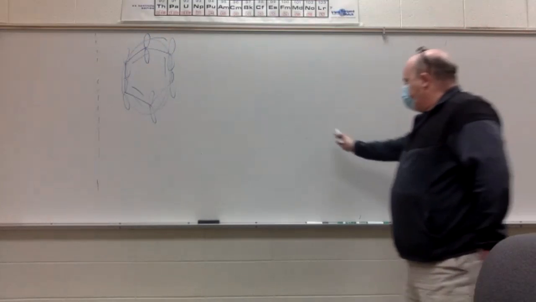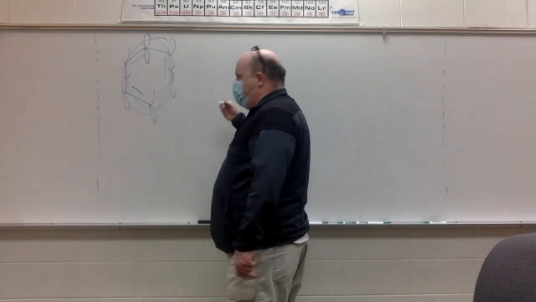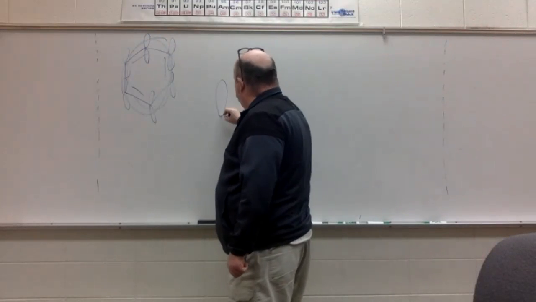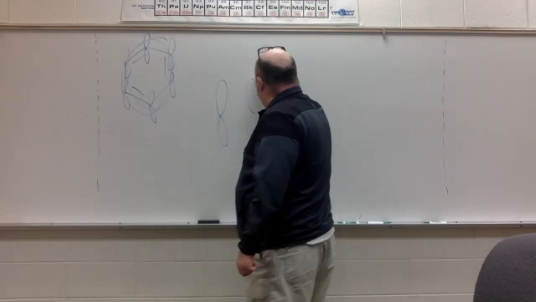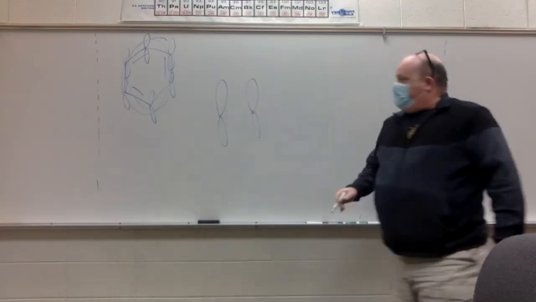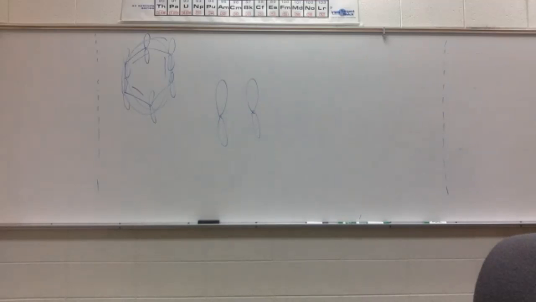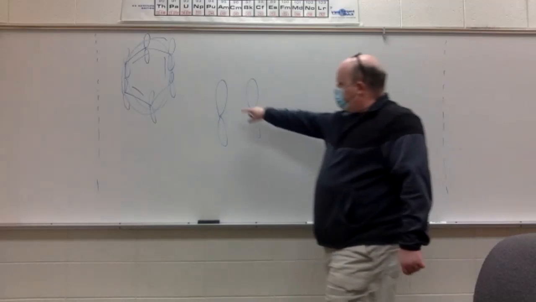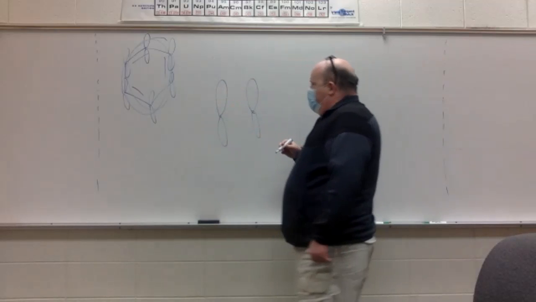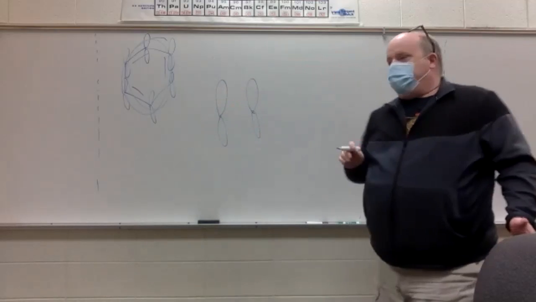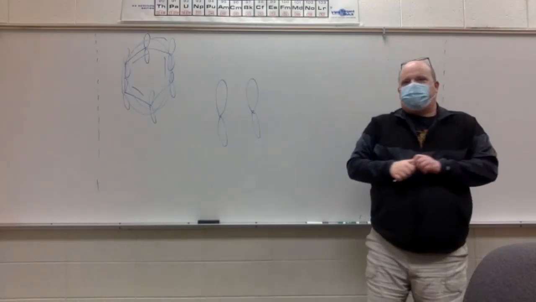Okay, so let's take a look at these orbitals. Why don't I just draw 2 of them as represented? Let's say we had a couple of these p orbitals sitting right here. Each one of these orbitals has a couple of lobes, looks like a little figure 8. According to molecular orbital theory, these lobes are not the same.